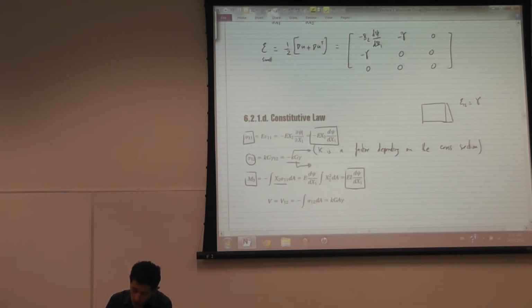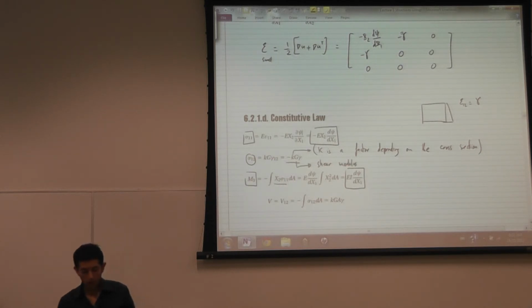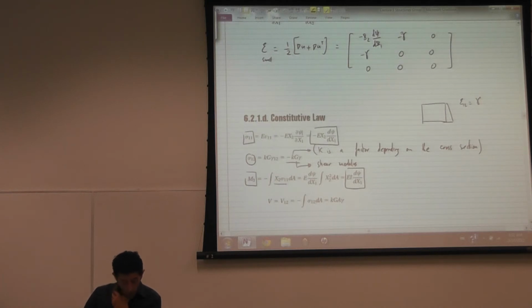G is the shear modulus. And gamma is this shear angle. And when you integrate this quantity, you end up with the shear force equal to KGA multiplied by gamma.